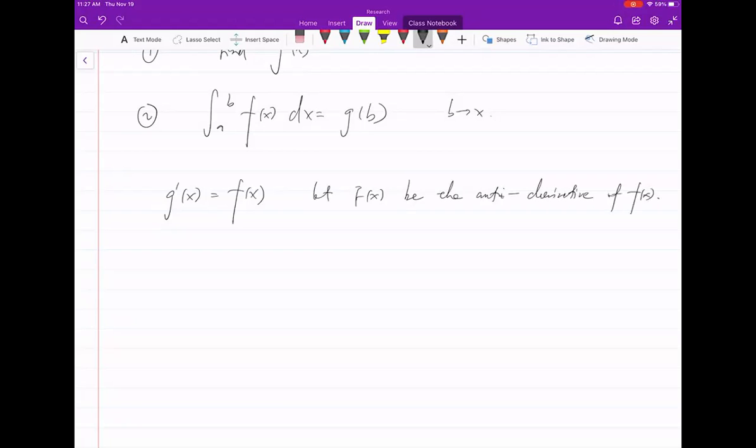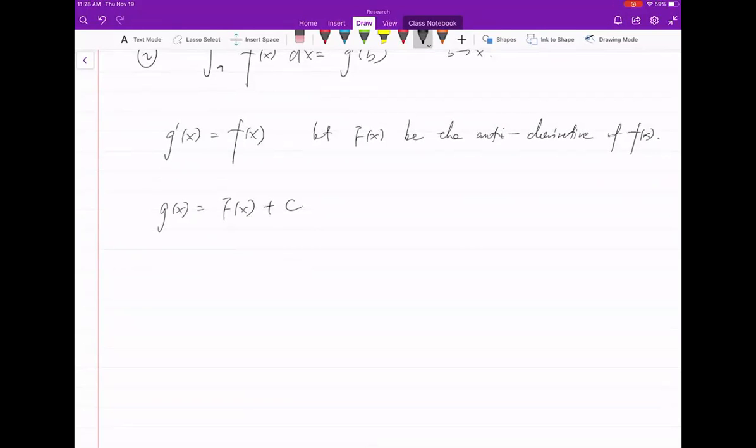Good. Then g(x) is going to be F(x) plus a C. Right? What's the antiderivative of cosine x? Sin x, but possibly with another constant. Okay? How do you find g(x)?